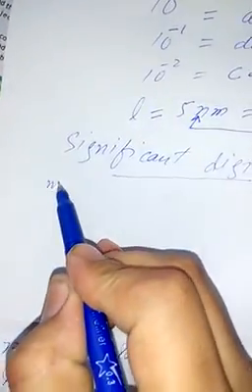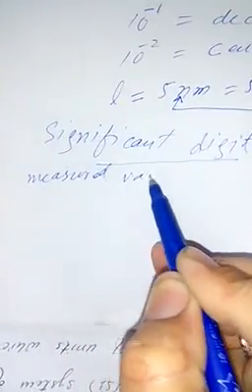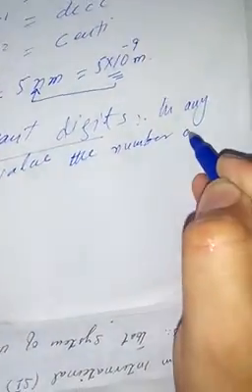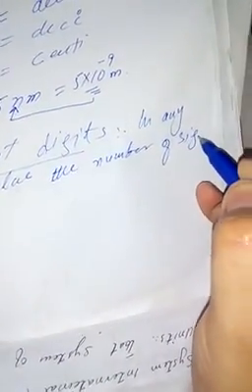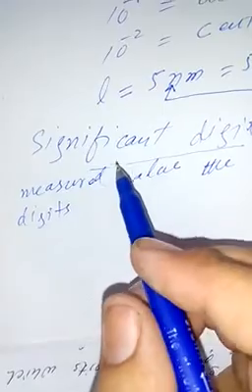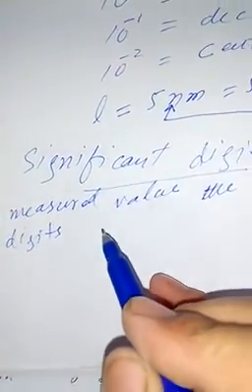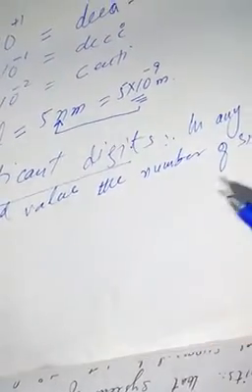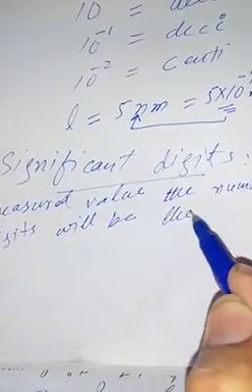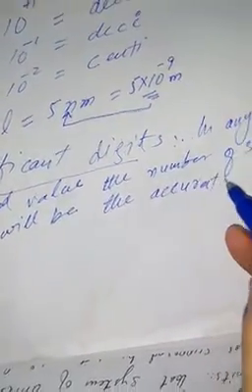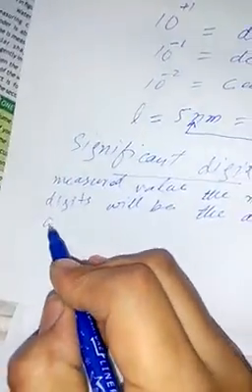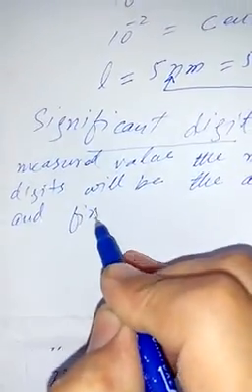measured value or calculated value, the number of significant digits, in any measured value, will be the accurately known digits and the first doubtful digit.